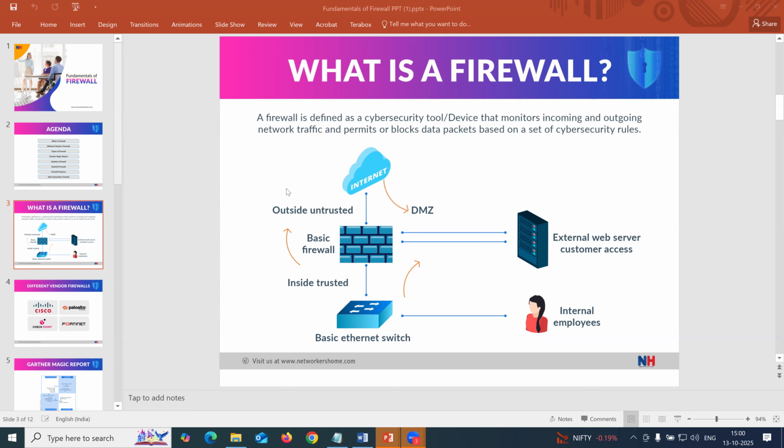Your friend is asking, let's assume we have a Palo Alto firewall. And the Palo Alto firewall has multiple interfaces.